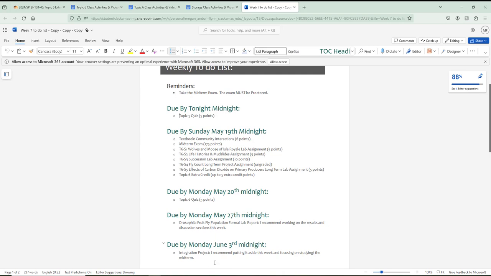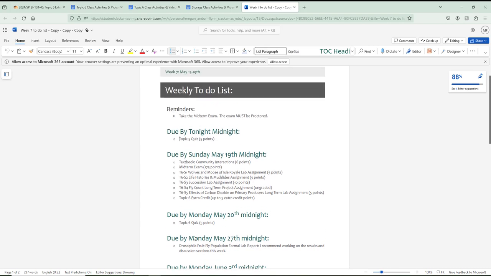And then you still also have that integration project that's coming up in a couple weeks, so you should be focusing on that as well. So if you haven't even started, again, the fruit fly probably takes priority, but after that you need to start working on that as well.